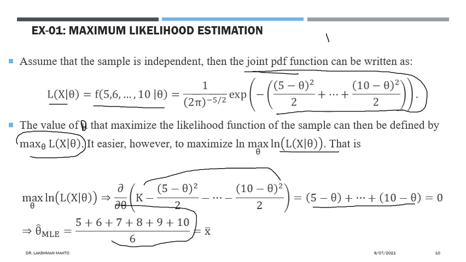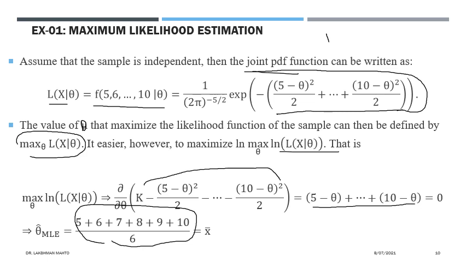This theta is what we get by maximizing the log likelihood, and the same argument holds for the likelihood function as well. So this is also the optimal point for the likelihood function.